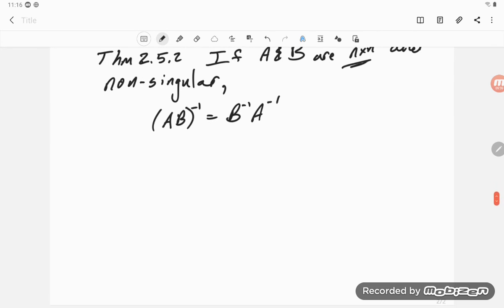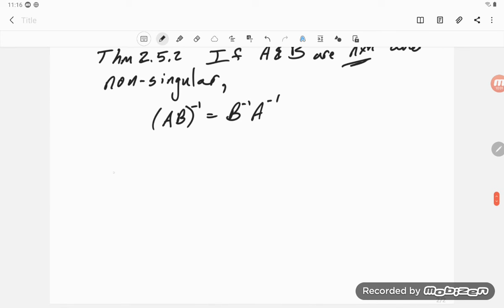And we can check that by simply multiplying. So here's our proof.